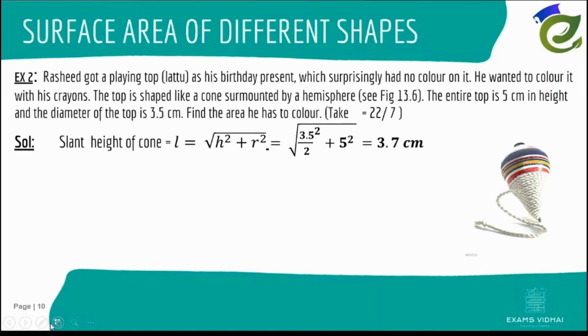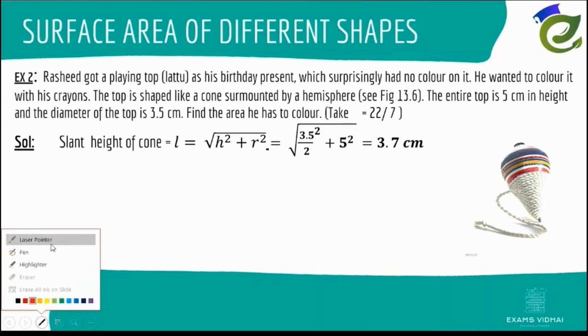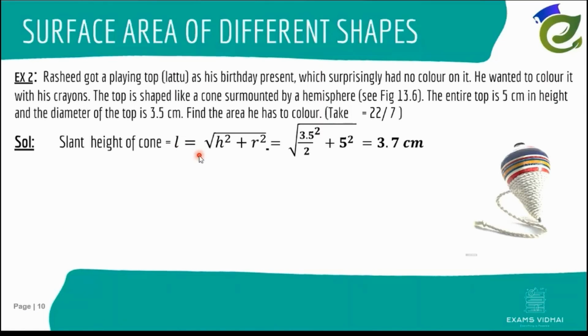The slant height of the cone is calculated by L equals the square root of h square plus r square, where h is the height of the cone and r is the radius of the cone. The diameter given here is 3.5 centimeter. So L is the square root of (3.5 by 2) whole square plus 5 square, which comes out to be 3.7 centimeter approximately.